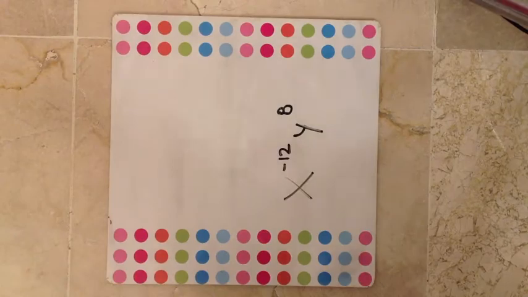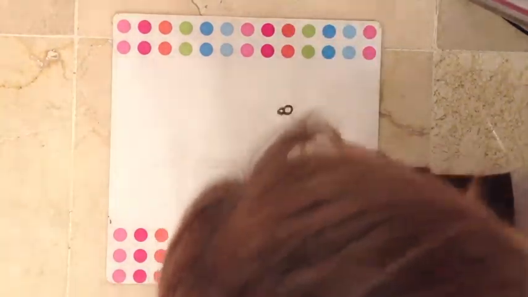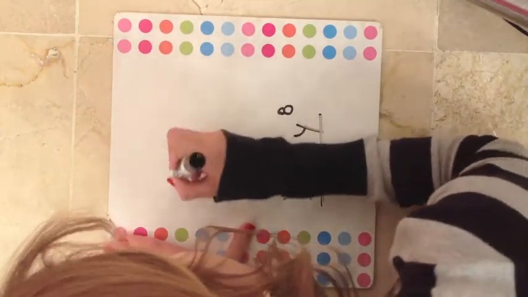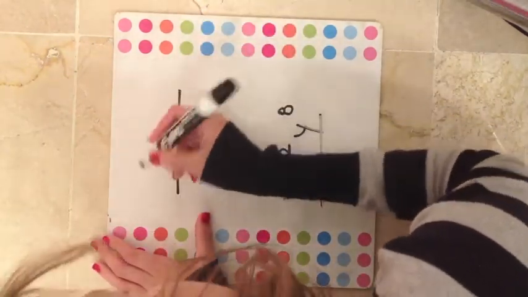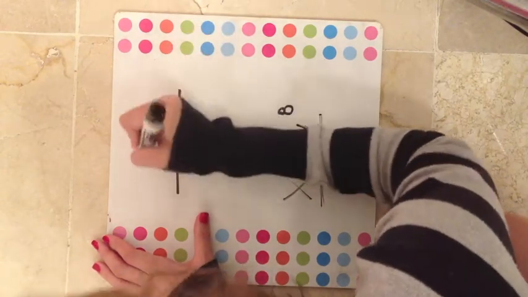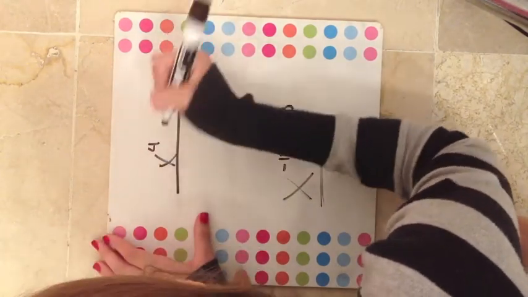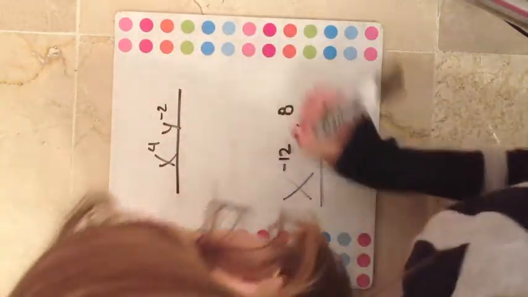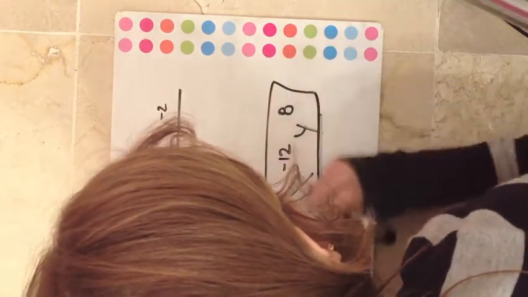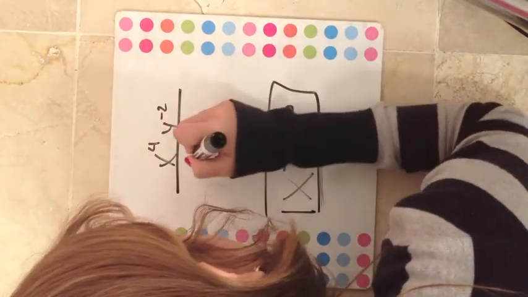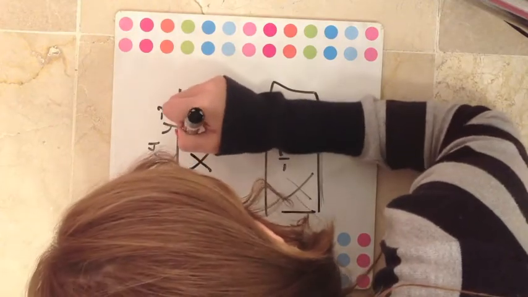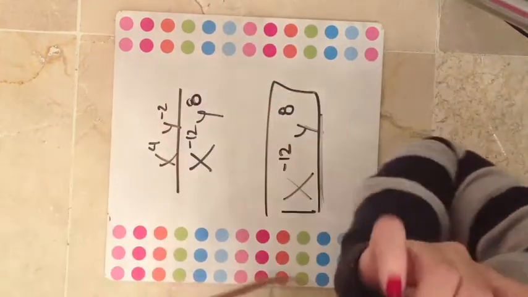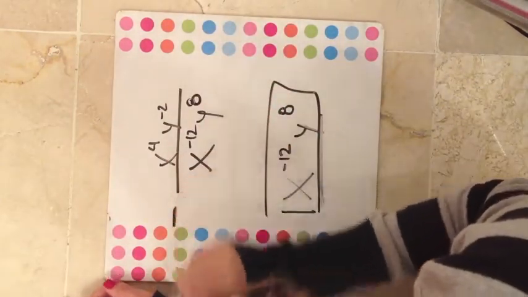Okay. So this is gonna be your new denominator. So what you need to do is you just rewrite your old numerator, which was x to the power of 4, y to the power of negative 2, and you put this in the denominator, x to the negative 12, y to the 8, and you put the original negative sign that it had.